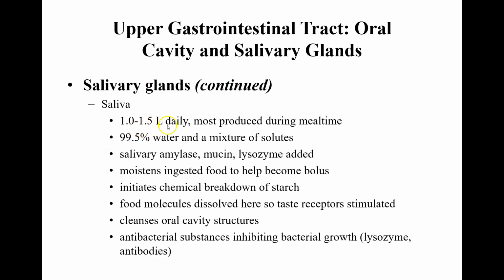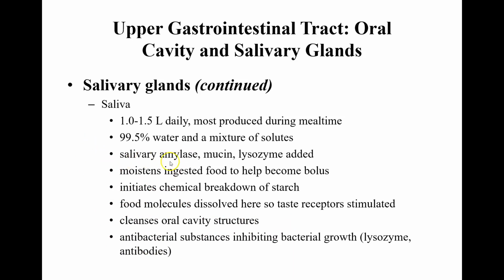So we're producing saliva continuously, but the majority of the saliva that we produce occurs during mealtime. So when you're sleeping at night, you don't tend to produce as much saliva, which is why typically when you wake up, if you're going to have a dry mouth, it usually occurs right as you first wake up.